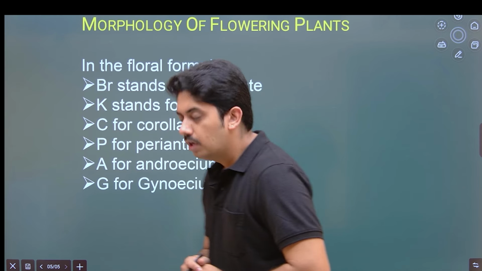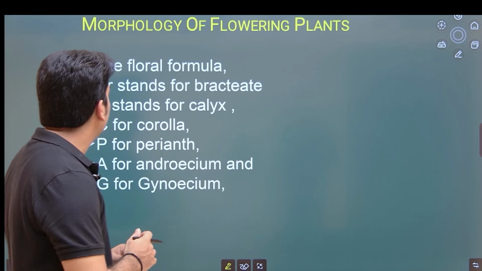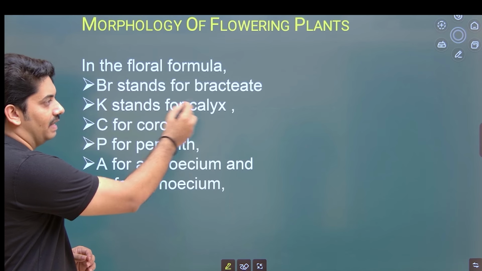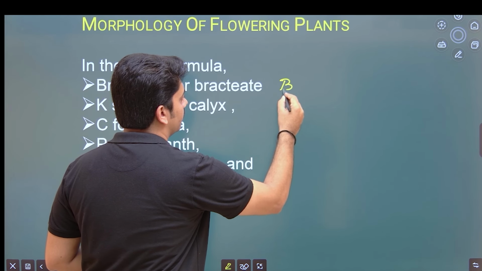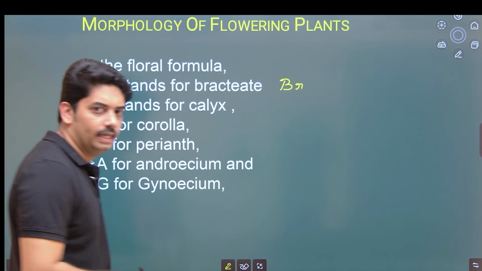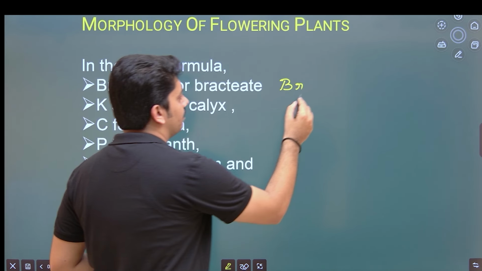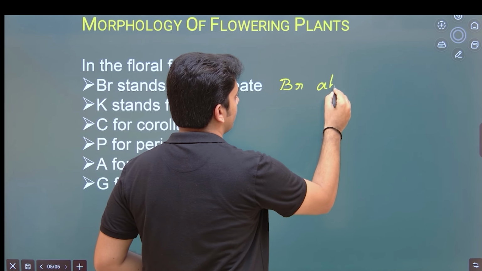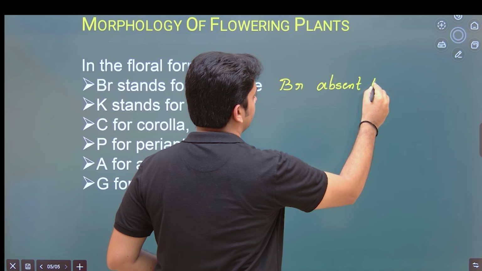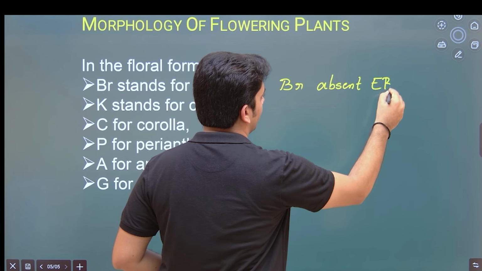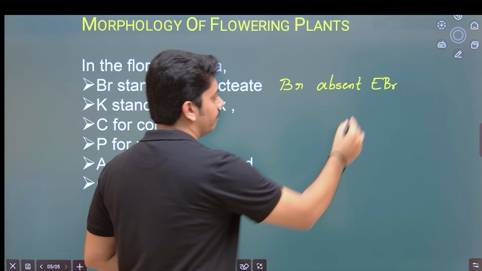So while describing the family, in case bract is present, then we write it as Br. Okay. If the bract is absent, then it is represented as EBR, ebracteate.